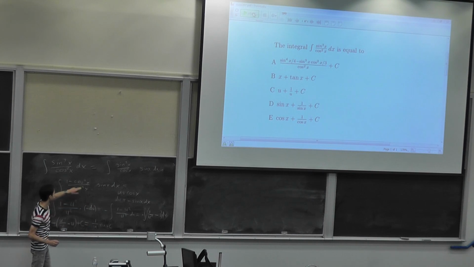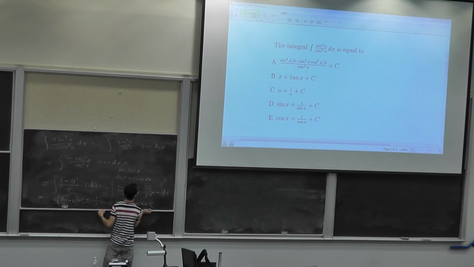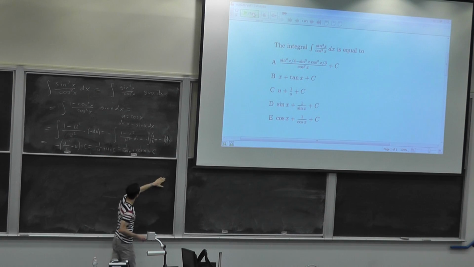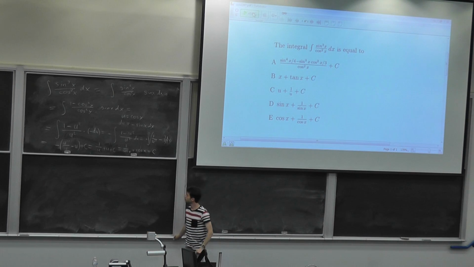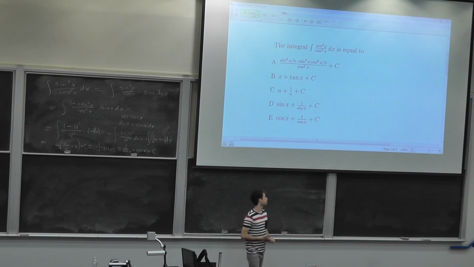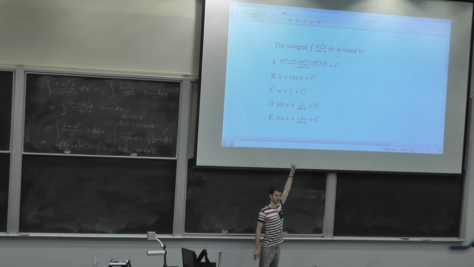Finally, remember that u is in fact cosine x. And please don't make the mistake of writing the final answer of the integral of a function of x in terms of u. It just doesn't make sense.